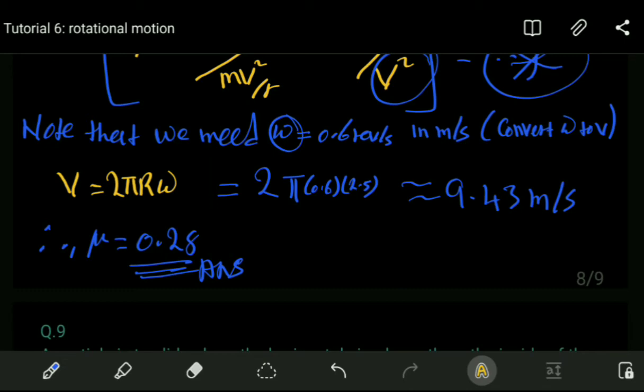Giving us, when you square that, 9.43 meters per second.